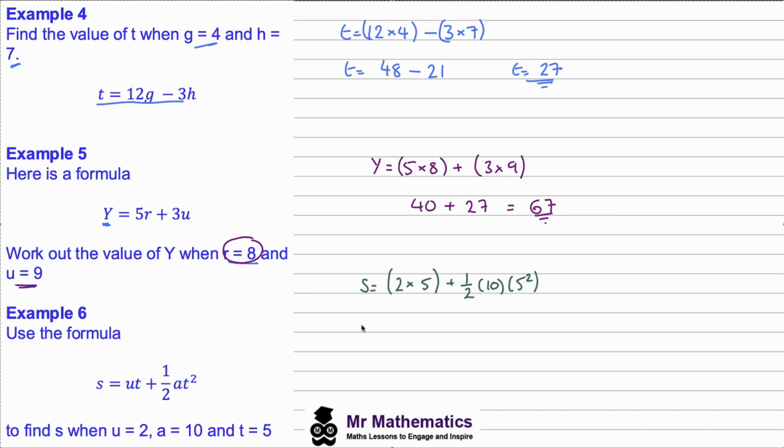So using the order of operations, we can work out the 2 times 5, this will be 10, plus, we can work out 1/2 of 10, this will be 5, and then the 5 squared will be 25. Well, 5 times 25 is 125, and when you add this to 10, S will be 135. Okay? So how did you get on?